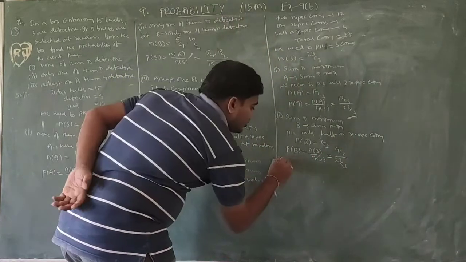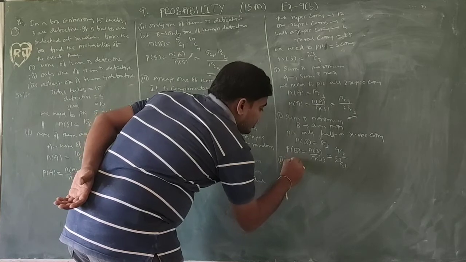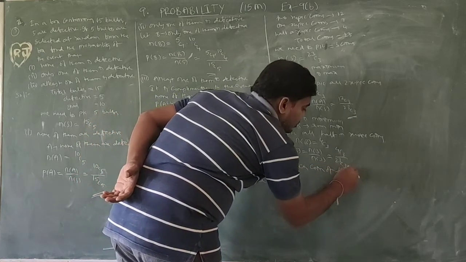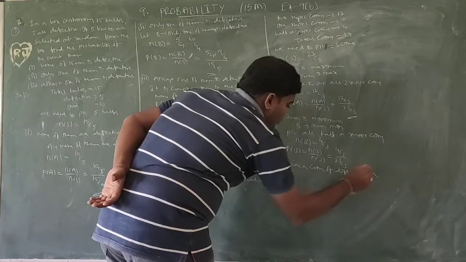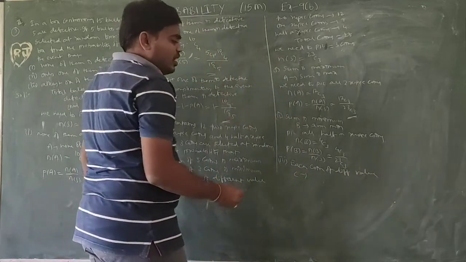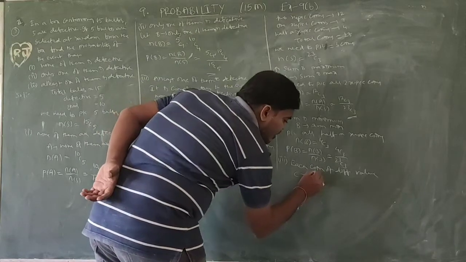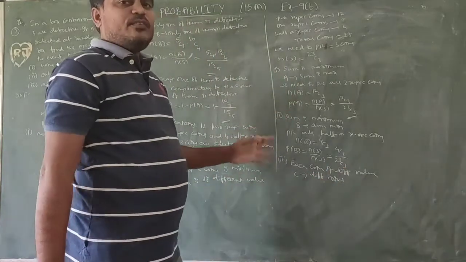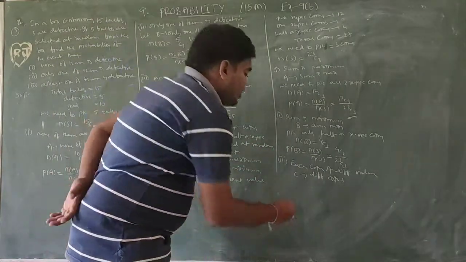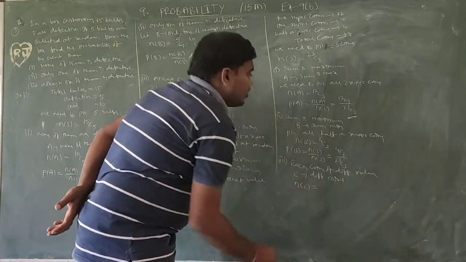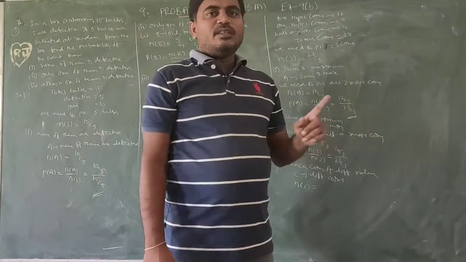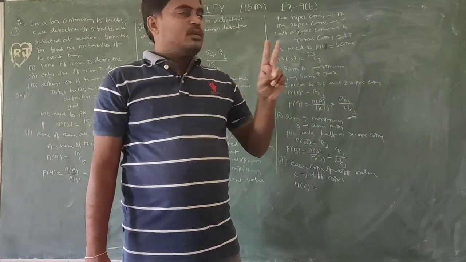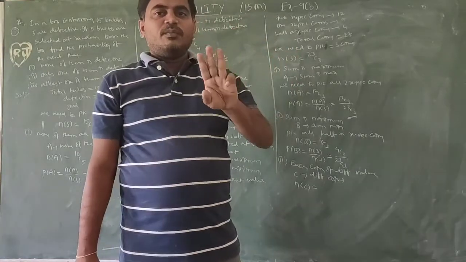Next, third: each coin of different value. So I am taking C. Simply I am taking n(C) now, because different value means we need to pick 1 from 2 rupees, 1 from 1 rupee, 1 from half a rupee.